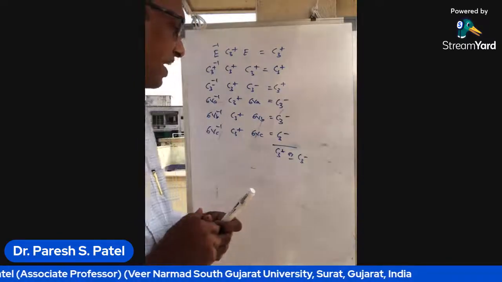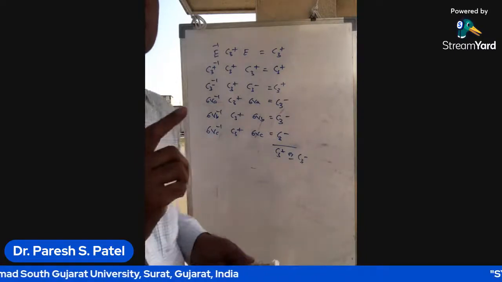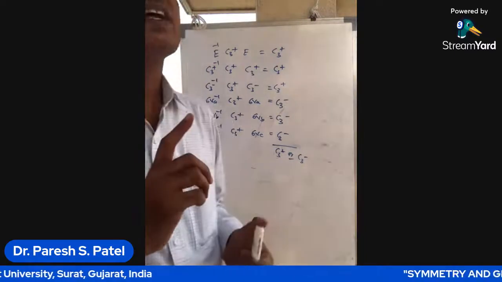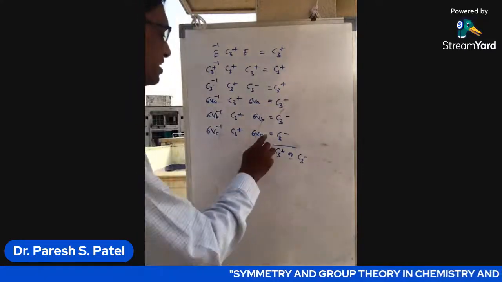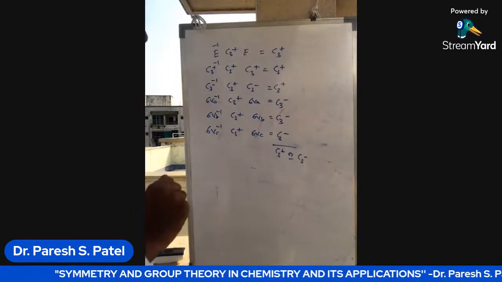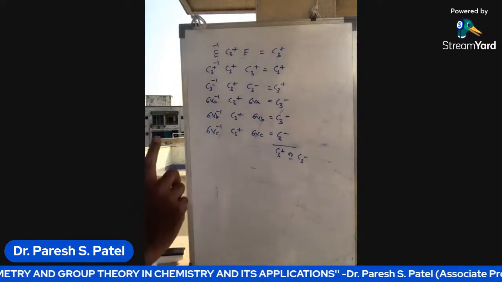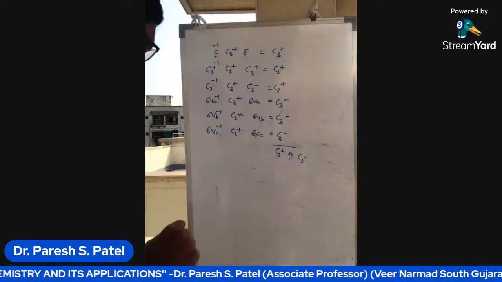Okay, and this satisfies the condition number second, x inverse A into x is equal to B. It means A and B conjugate to each other to form a combined class. Similarly, C3 plus and C3 minus conjugate to each other to form a combined class. So in case of the second class of the ammonia molecule is 2C3.